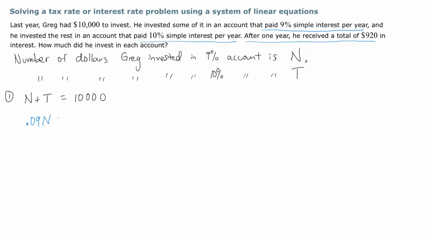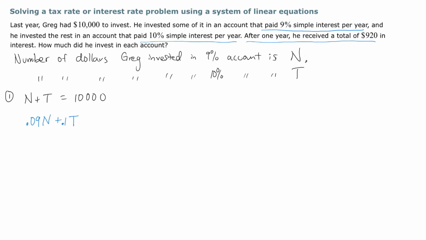What other interest do we have to add? We're going to have to add the interest from the other account, which is just 10% of t. Remember, t is the number of dollars invested in that account. So for every dollar, you're going to gain a dime of interest.